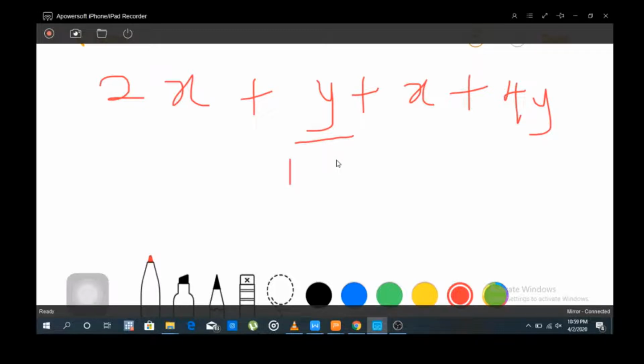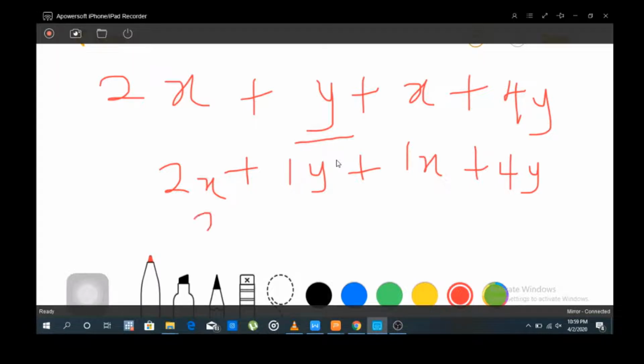So this can be rewritten as 1y, and this can be rewritten as 1x, just for your understanding. Plus 4y. So now grouping means we would have to move each of them to come and meet each other.